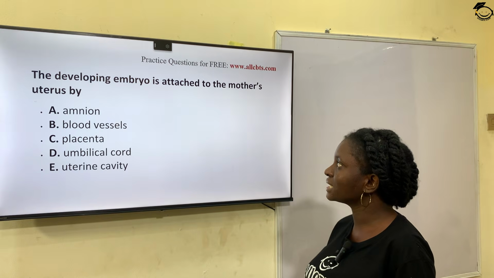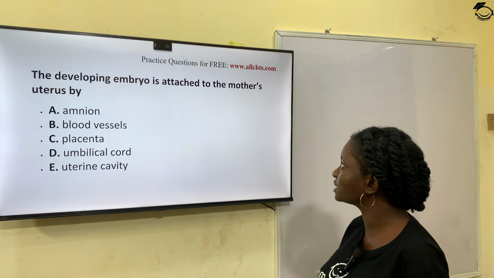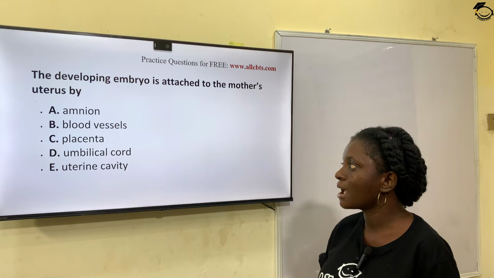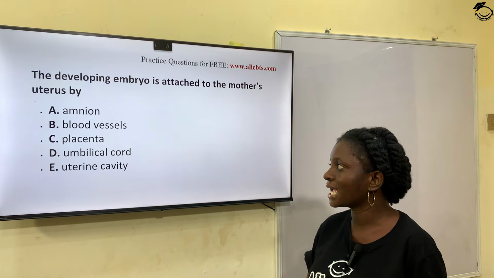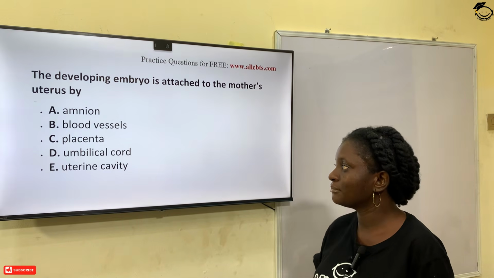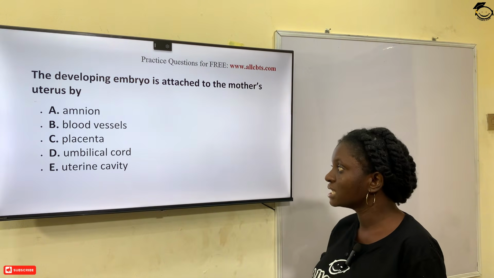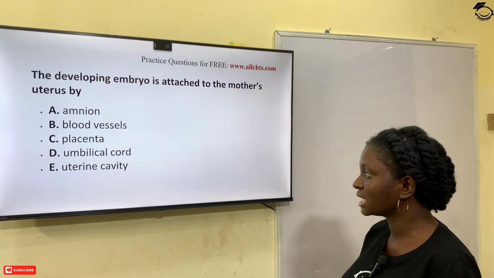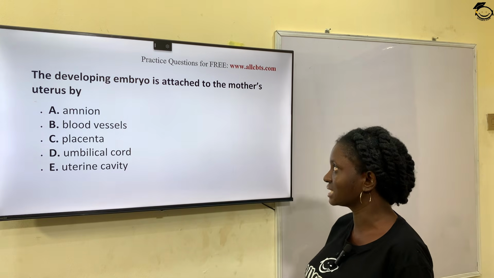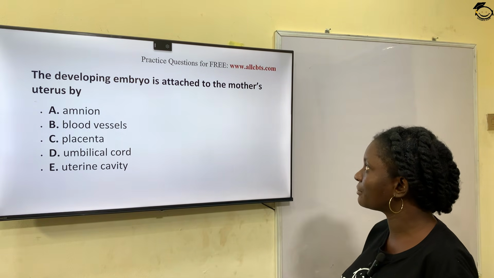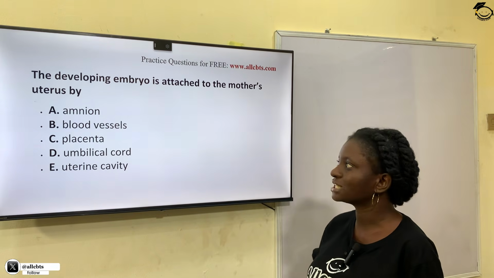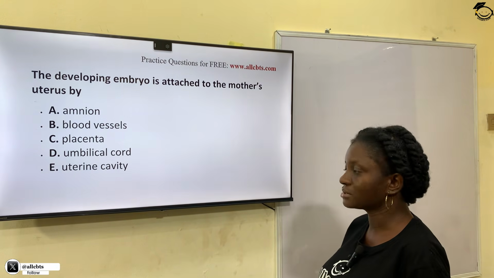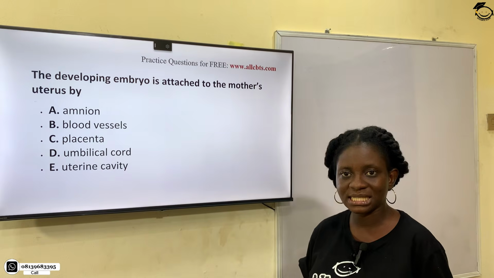The developing embryo is attached to the mother's uterus by: option A, amnion; B, blood vessels; C, placenta; D, umbilical cord; E, uterine cavity. So the developing embryo is attached to the mother's uterus by placenta.